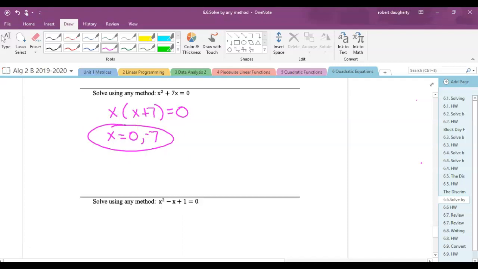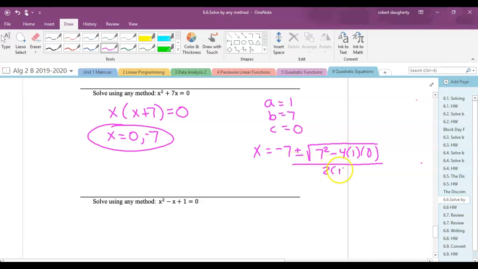Now, you could solve it with the quadratic formula. A is 1, B is 7, C is 0, okay? So x equals negative b plus or minus the square root of b squared minus 4ac over 2a.